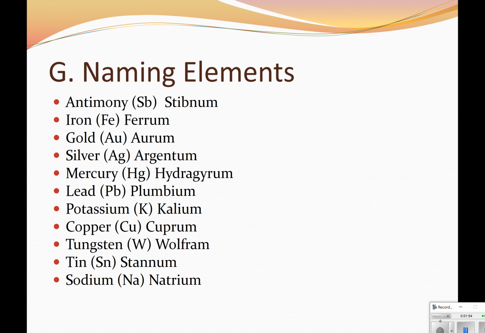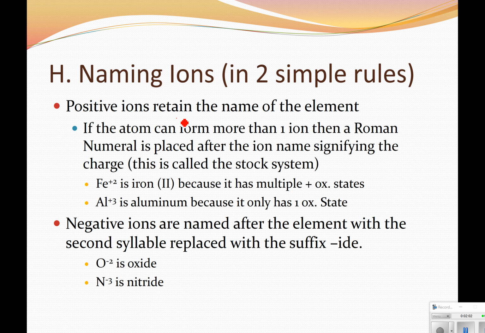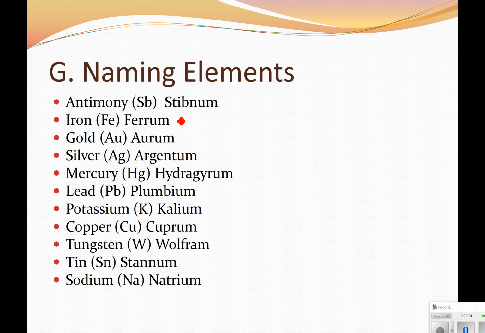Iron, we also see the symbol Fe for the older name ferrum. We often see things that are iron containing described as ferrous, or we might see ferric. That's indicating that something has to do with iron.